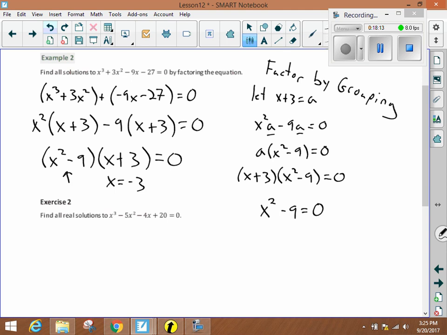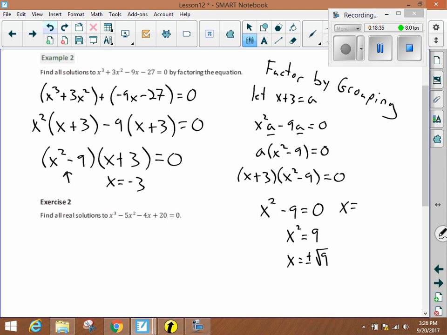So I'm going to go ahead and add 9 to both sides and take the square root of both sides. Remember, the square root of x squared is just x. And also, when I take the square root of both sides, I need to consider both positive and negative values. So here we go. I have my two solutions now.